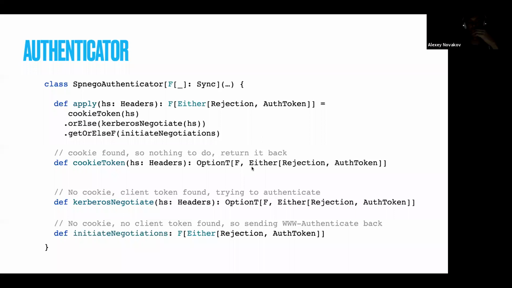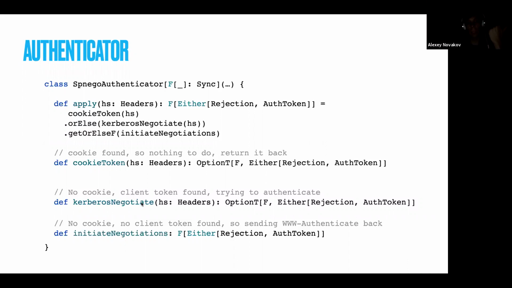But if the cookie is not found, we go to the second function, which is composed with this F of Option of Either through orElse. So we call the Kerberos-based negotiate function that again works on the level of headers. And what does it mean?